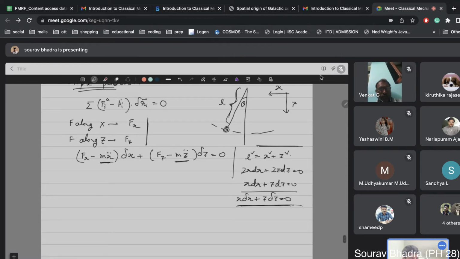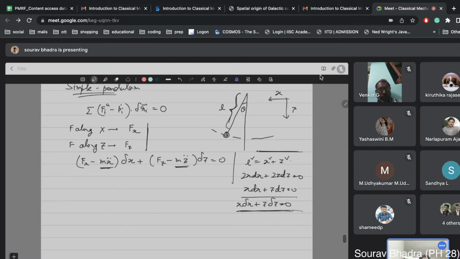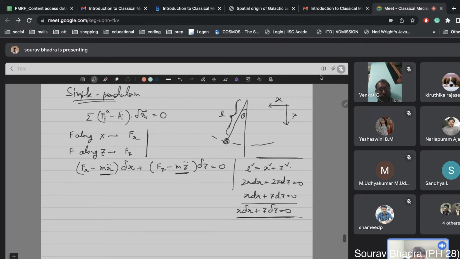Now we are assuming that only gravity is acting on the system, along the minus z direction. So there is no applied force in the x direction, the only applied force is gravity acting in the downward z direction.